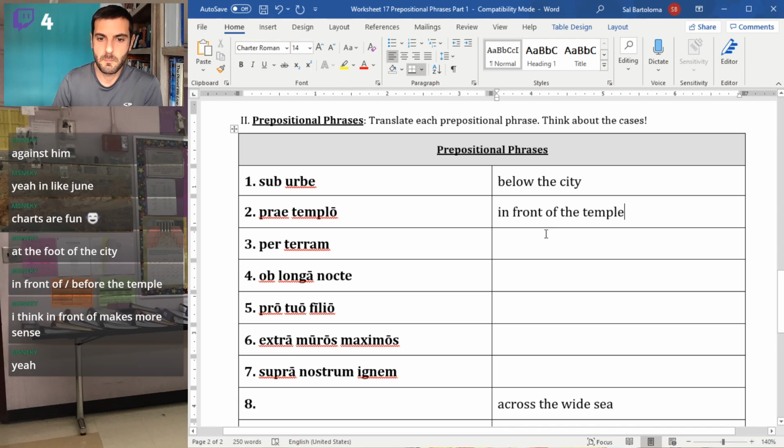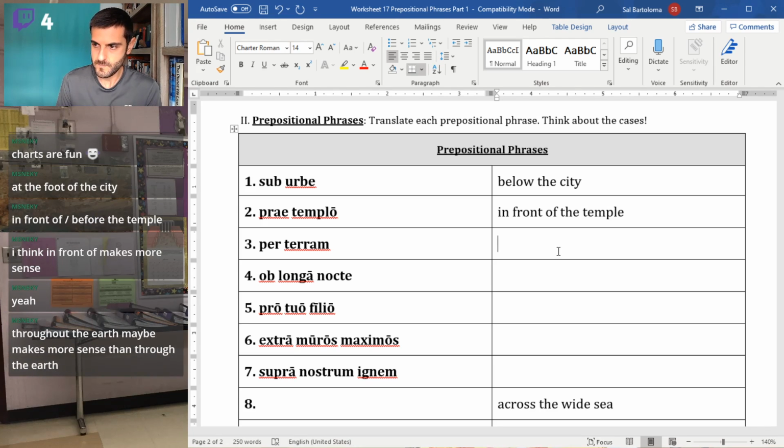Okay. Per terram. Throughout the earth. Through the earth. I mean, if I were digging a hole, maybe I would say I was digging a hole through the ground, right? Because terra can also just mean the earth in the sense of the dirt.